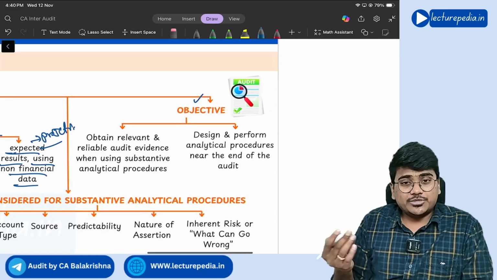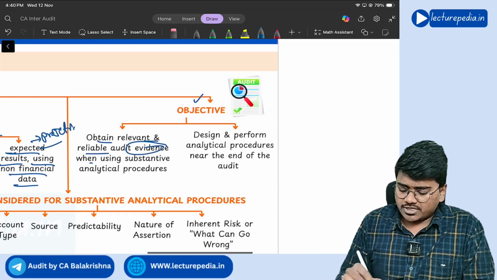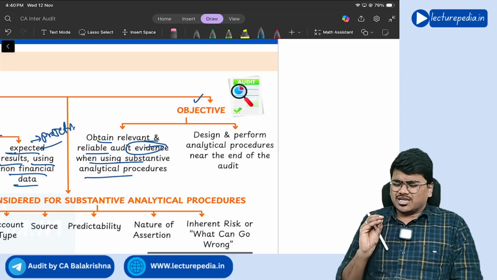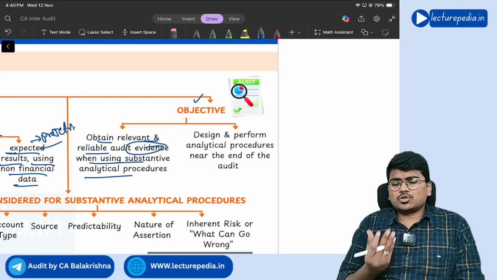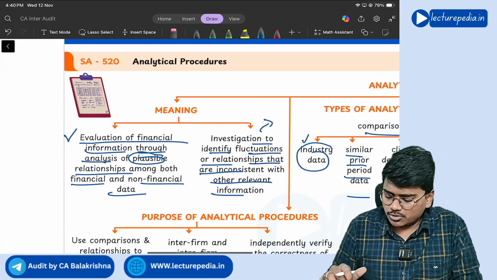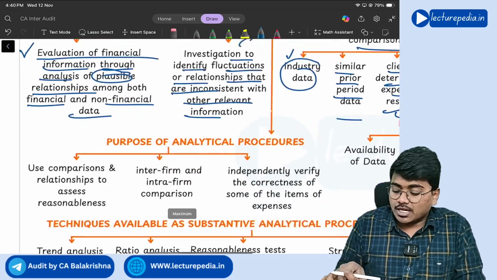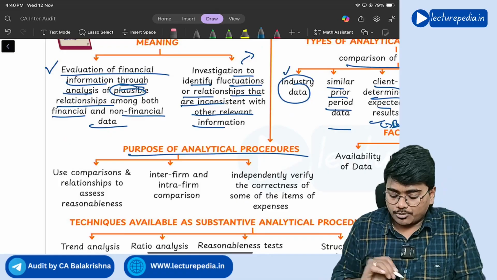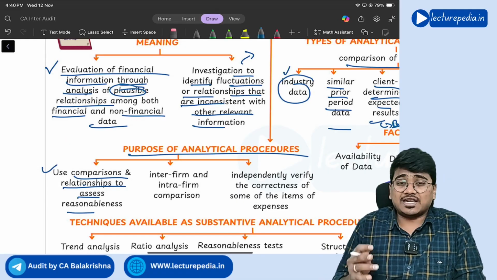Now what is the objective of this analytical procedure? Simple: obtain relevant and reliable audit evidence when using substantive analytical procedure. See, for whatever audit procedure, the objective is to obtain audit evidence. Similarly for analytical procedure also you will have the same objective. Next, purpose of analytical procedure: use comparisons and relationships to assess reasonableness.